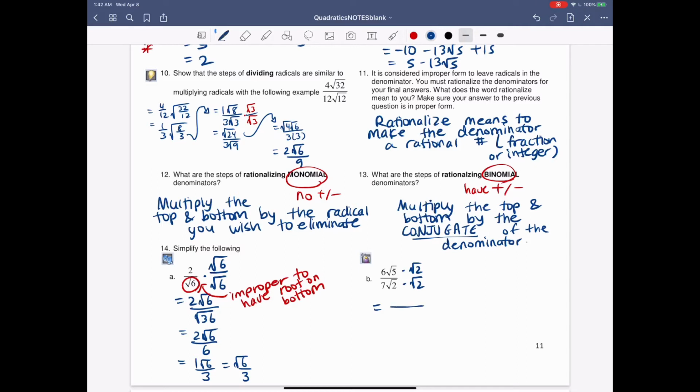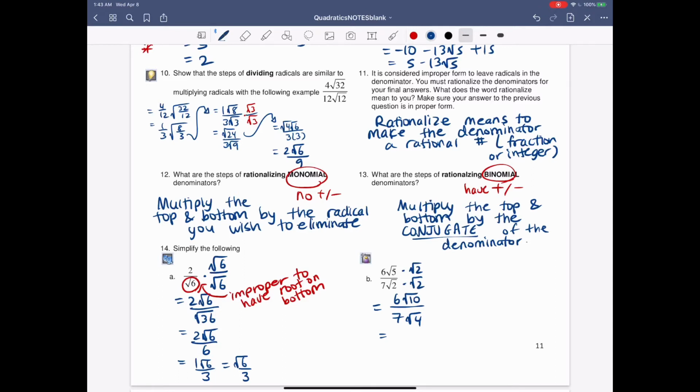So I'm going to multiply the top and bottom by square root 2. On the bottom, I'll get 7 times, well, square root 2 times square root 2 is square root 4. I should keep the square root sign. On the top, I have 6, then square root 5 times square root 2 is square root 10. I'm not done yet because I need to simplify the denominator.